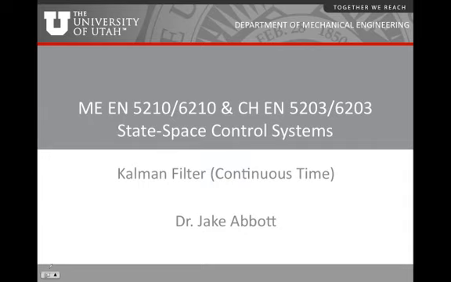The Kalman filter is an analogy to the LQR controller. The LQR controller was about choosing optimal controller gains. The Kalman filter is about choosing optimal observer gains. And we're going to do that using knowledge of the kind of noise that our system is going to have on it. So let's recall the linear system that we're talking about.